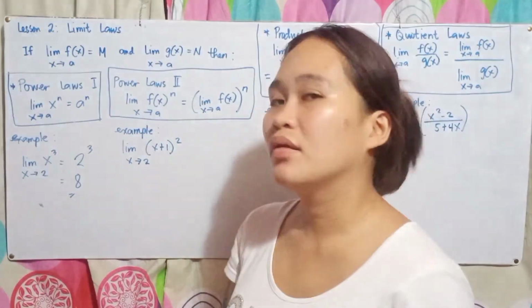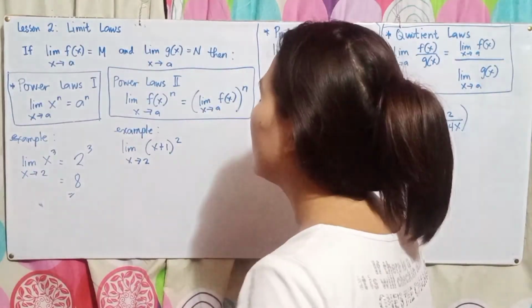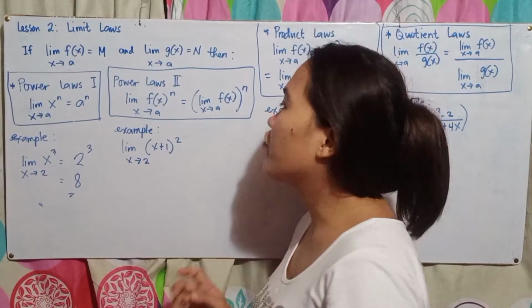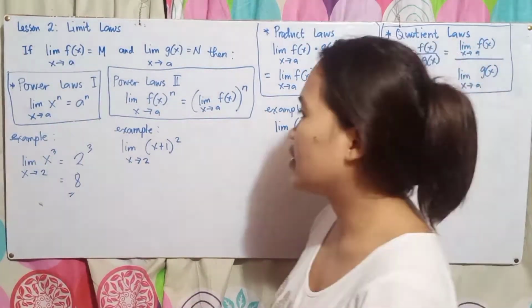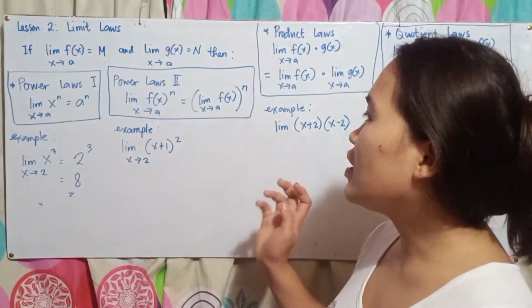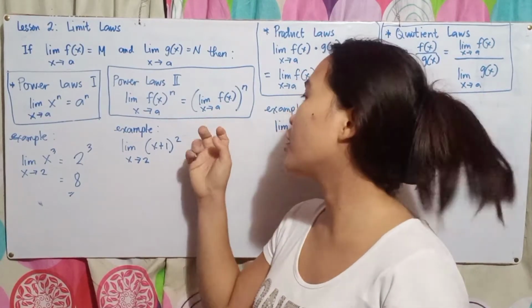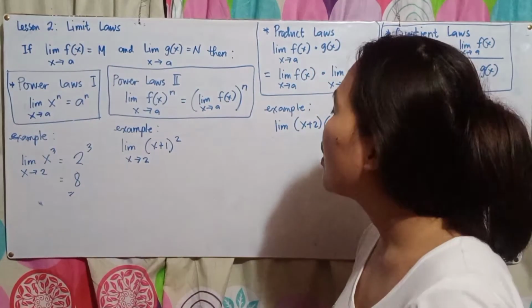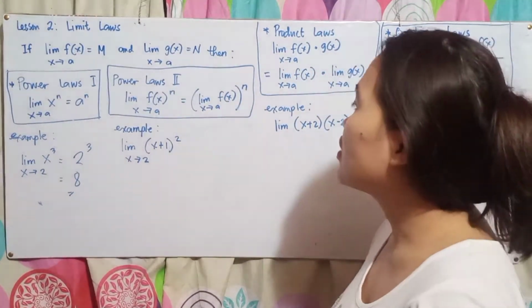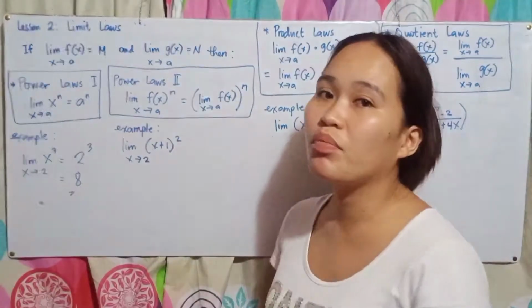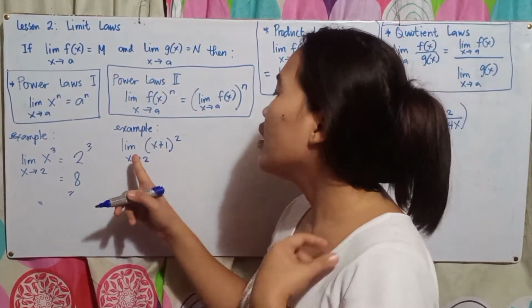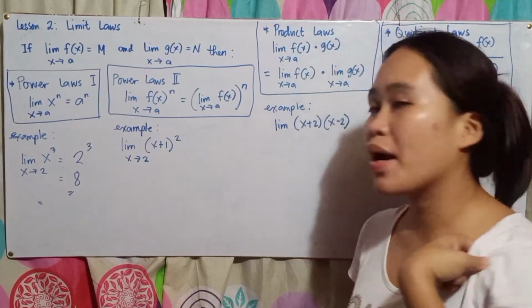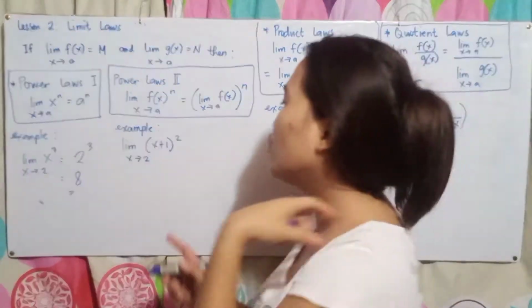Okay, next, power law 2. So, another power law: the limit of f of x raised to the power of n as x approaches a is equal to the limit of the function f of x as x approaches a, raised to the power of n. For example, the limit of x plus 1 squared as x approaches 2.